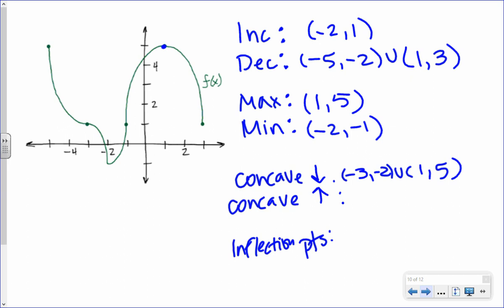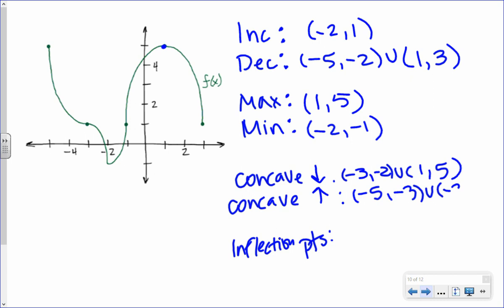Okay, concave up. Ashley, where does it look like we're concave up? -5 to -3. -1 to 1.